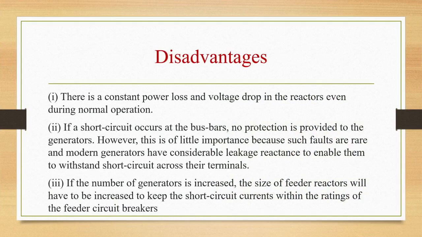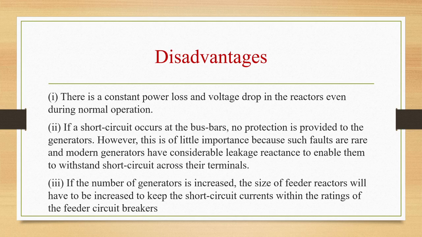Disadvantages. There is a constant power loss and voltage drop in the reactors even during normal operation. Second one, if a short circuit occurs at the bus bars, protection is not provided to the generators.